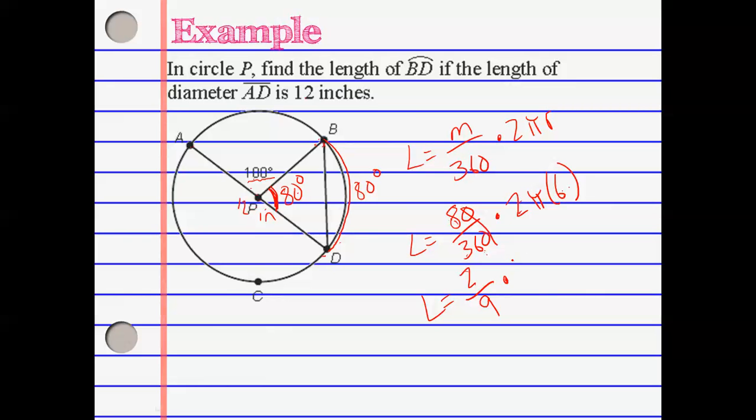2 times 6 is 12, so we have 12 pi. So now we have 2 over 9 times 12 pi. Let's take 2 over 9 times 12. 2 times 12 is 24, so we have 24 over 9 pi.